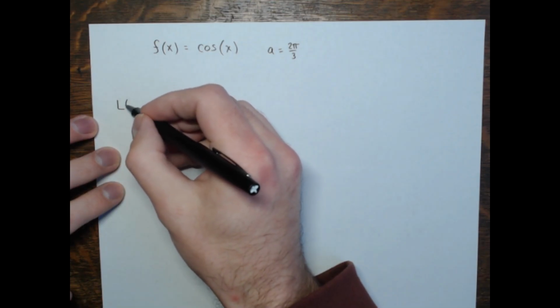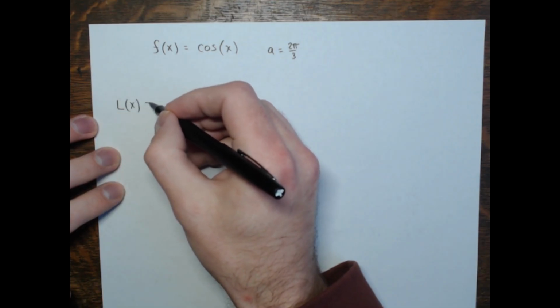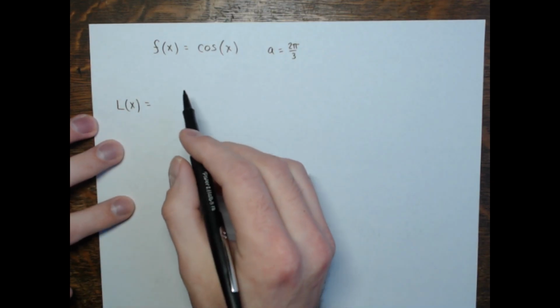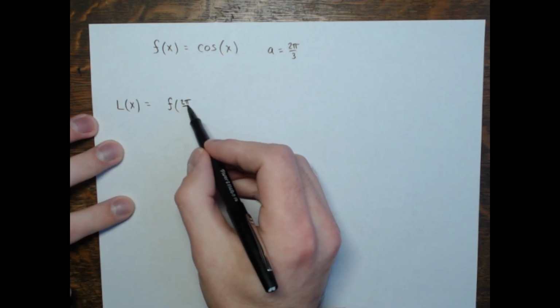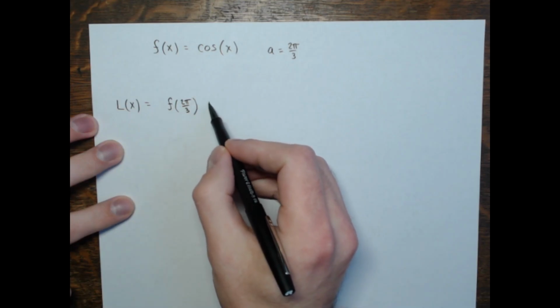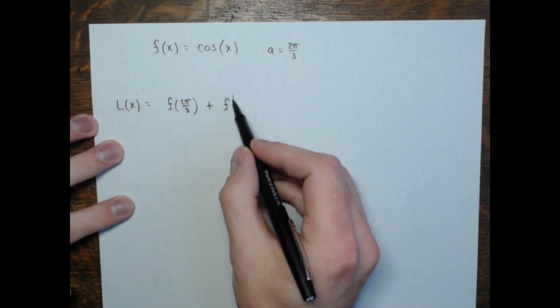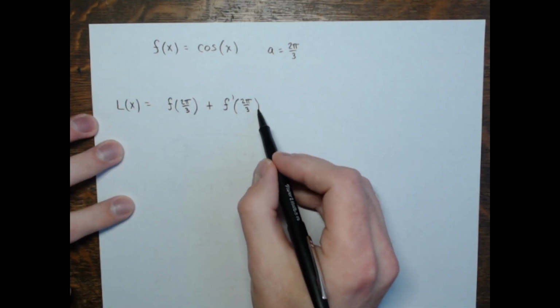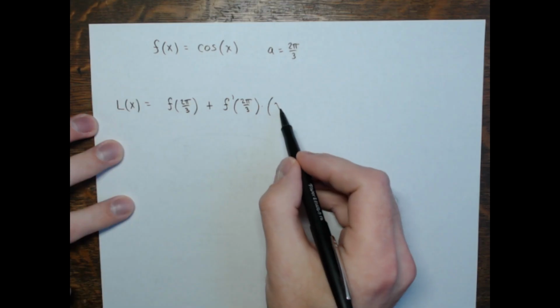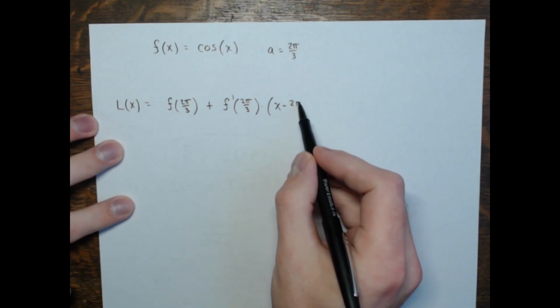So our linear approximation, tangent line, is going to be the value of the function at 2 pi over 3 plus the value of the derivative, f prime at 2 pi over 3, times the quantity x minus 2 pi over 3.